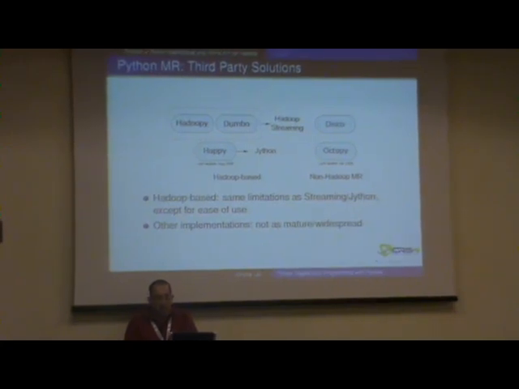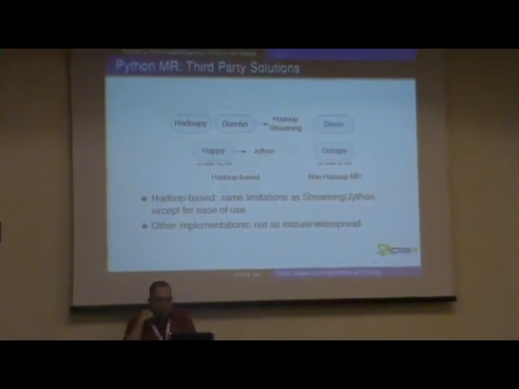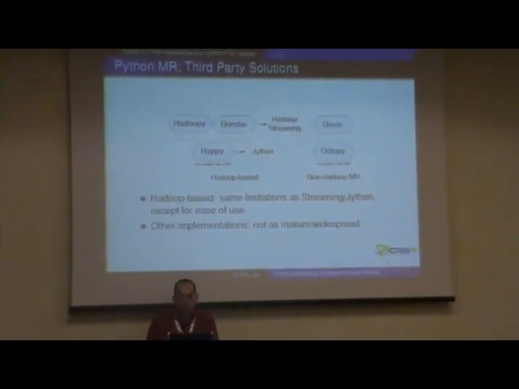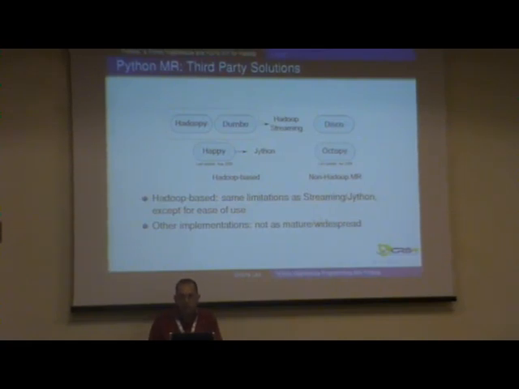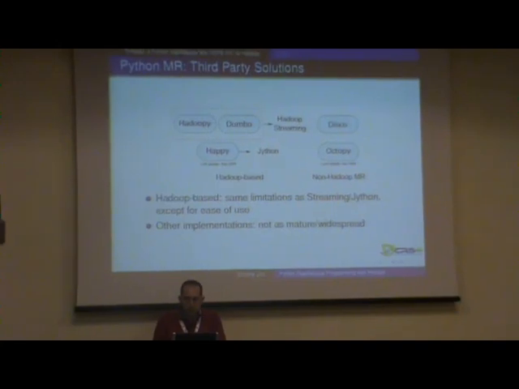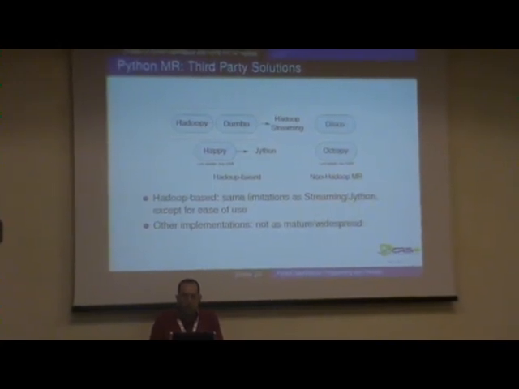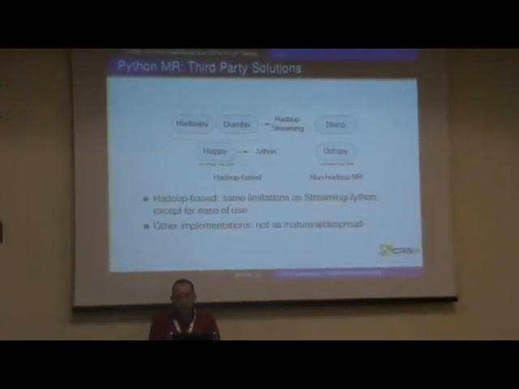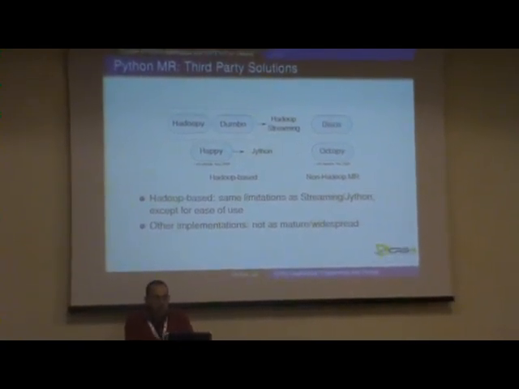You're not likely to encounter one of these frameworks installed on your cluster unless you own the whole cluster and you can do anything you please with it. The most important implementation is Hadoop, so you're better off trying to program on Hadoop, because the other implementations are not nearly as widespread and production ready.